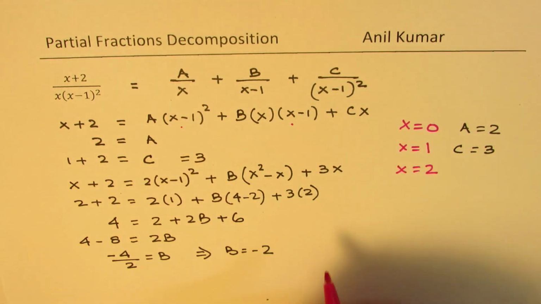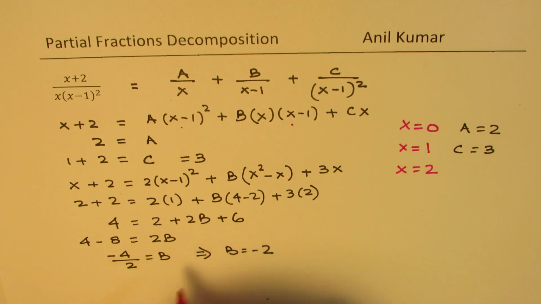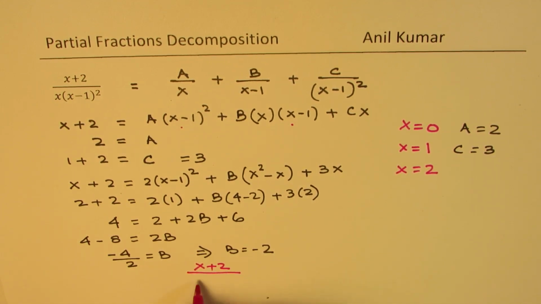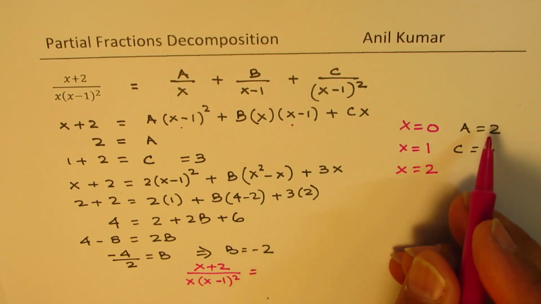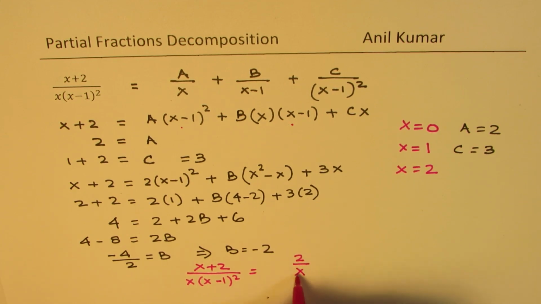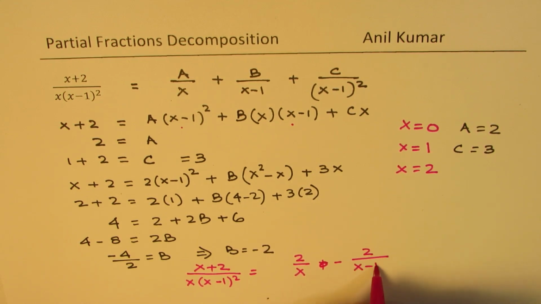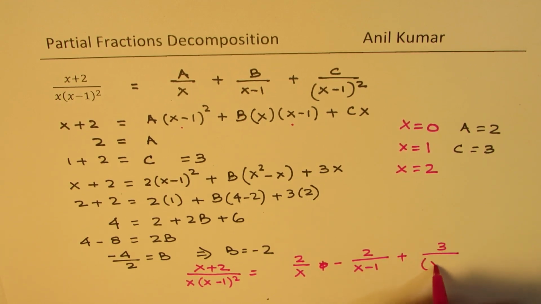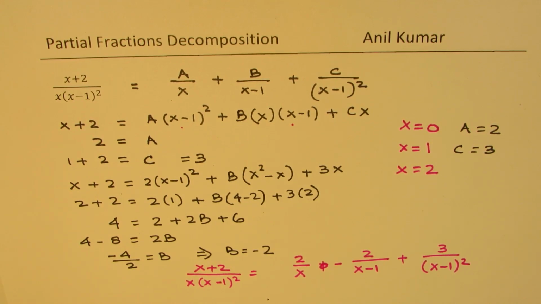So we could write our answer as, this expression now becomes (x plus 2) over x times (x minus 1) whole square should be equal to 2 over x plus b is minus 2, so let's make it minus 2 over (x minus 1), plus c is 3, so 3 over (x minus 1) whole square. Is that clear to you? So that is how we will be solving it.